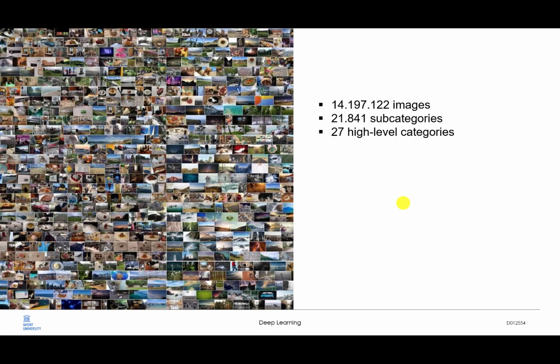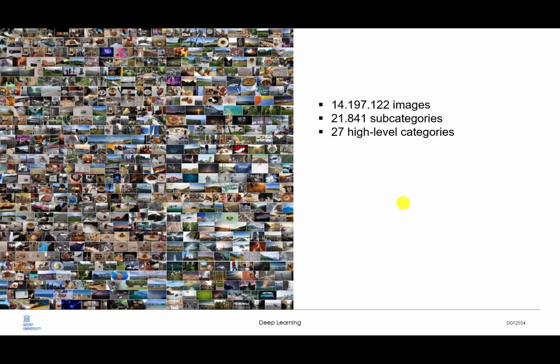A famous dataset in machine learning is the ImageNet dataset. This is actually a very big effort which has been going on for years now to make a very big quality dataset with annotated images. So there's a lot of time spent on annotating these images and collecting these images.